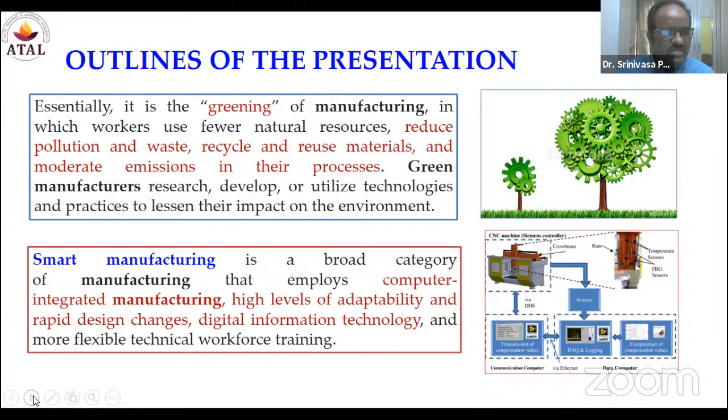Both the CNC machine and sensors are connected over a net, and you get the information while machining is running on your laptop or mobile. That is about collecting the information on your smart devices. Then, taking a decision about changing the input instructions, once the input instructions are changed, the part program required to operate the CNC machine will automatically change.